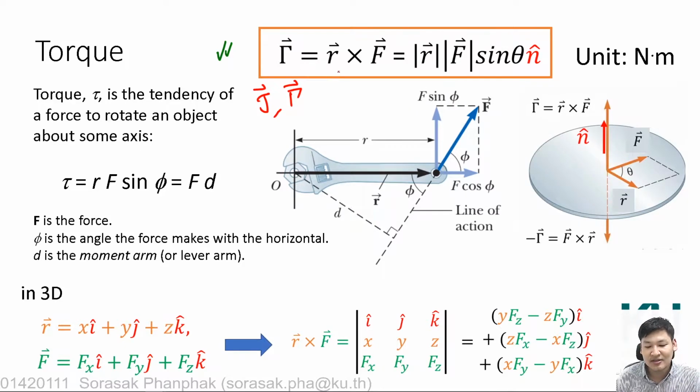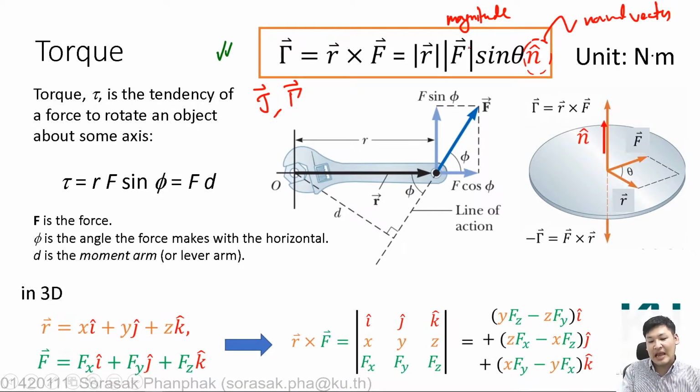In this case, if you would like to define it as a vector, you can have the magnitude of it and directions. We represent n for the normal vector. Since r and F are vectors in the same plane, n is perpendicular to the r and F plane.